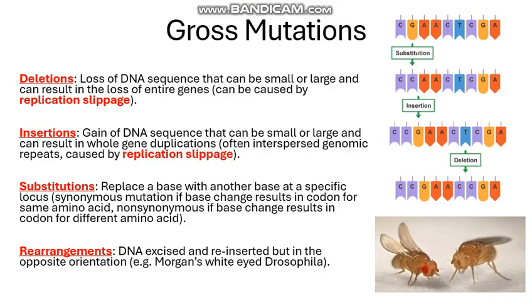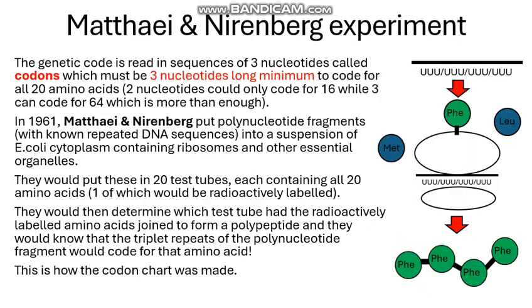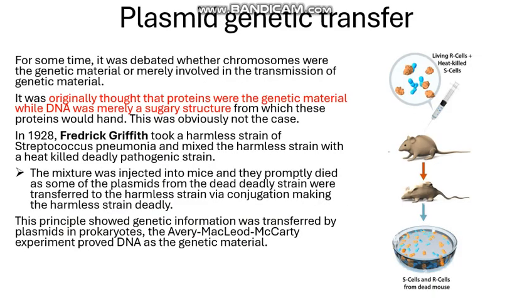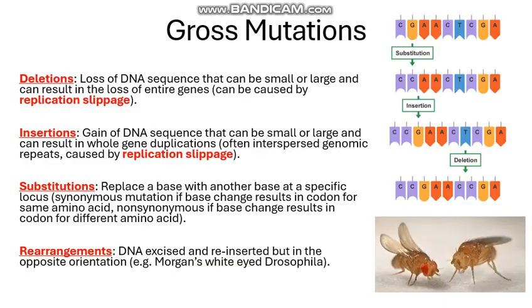Okay, so we've taken a look at how we discovered that DNA was the genetic material, how we cracked the codon table and were able to find out which codons were responsible for coding for which amino acids, and we talked about how we knew that prokaryotes used plasmids to transfer DNA or traits.